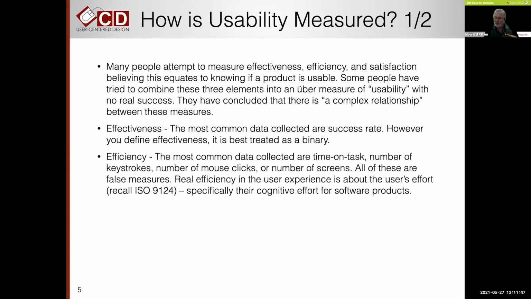Efficiency, the problem with efficiency is that it's too easy to measure efficiency by external measures like time on task or the number of keystrokes or mouse clicks or how many screens they had to access. And the problem with these measures is that they're efficiency in the interface, but not in the user. So remember the question is, how does the design of the product affect the effort by the user?